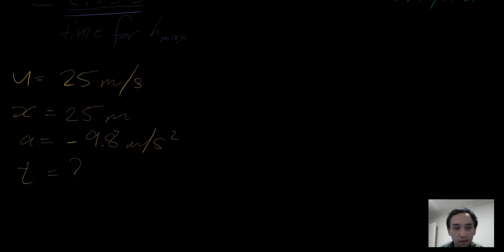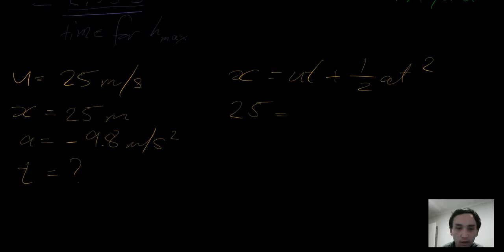Just to rewrite that out, we have x equal to ut plus half at squared, and plugging in all these numbers, we end up with 25 equal to 25 again for u, times t, we don't know what t is, plus half at squared.